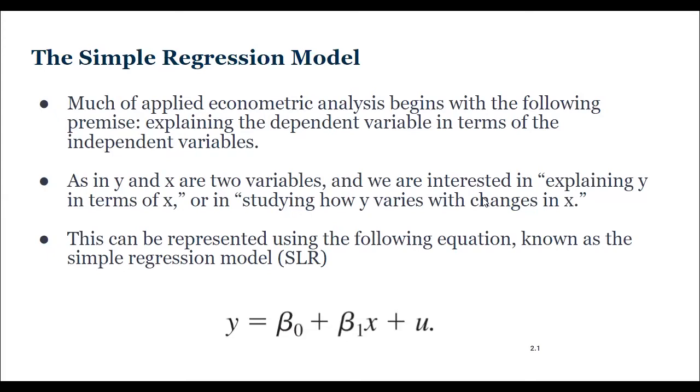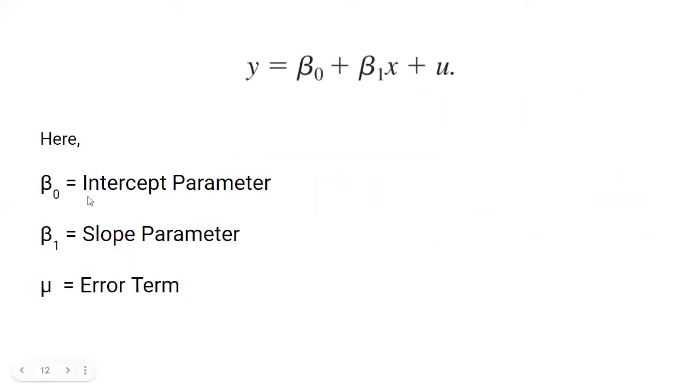This can be represented using the following equation, and this is what a simple regression model looks like. We've got y equals beta naught plus beta 1 x plus u, where beta naught is the intercept parameter, beta 1 is the slope parameter, and u is the error term.